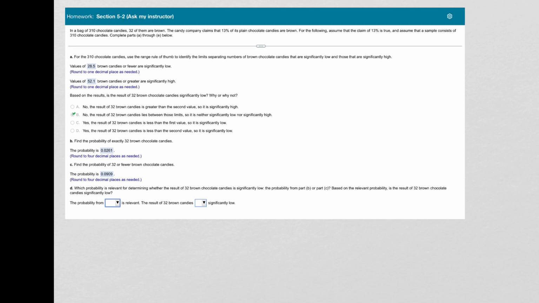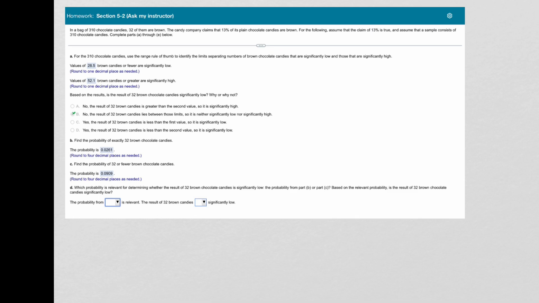So in the next question, it asks which probability is relevant for determining whether the result of 32 brown chocolate candies is significantly low. So in this case, we always look at the probability of being at or below a particular number in order to determine if that number is significantly low.